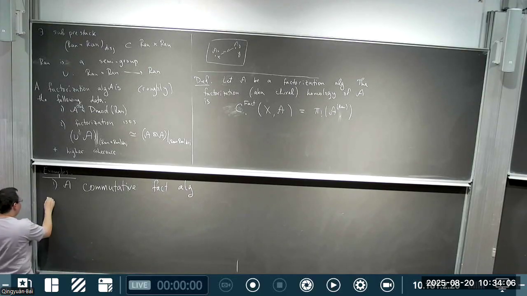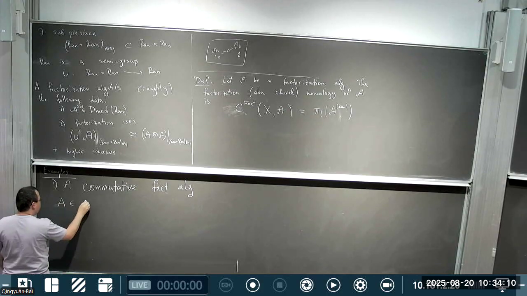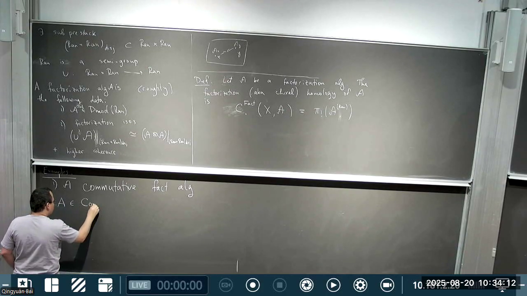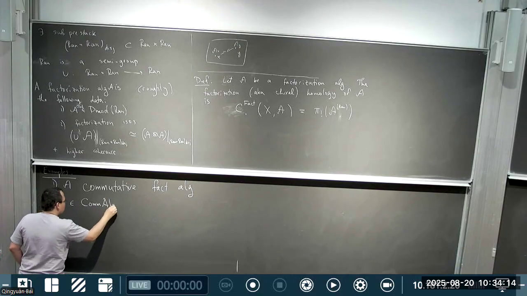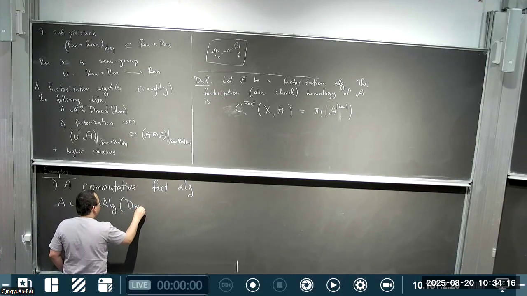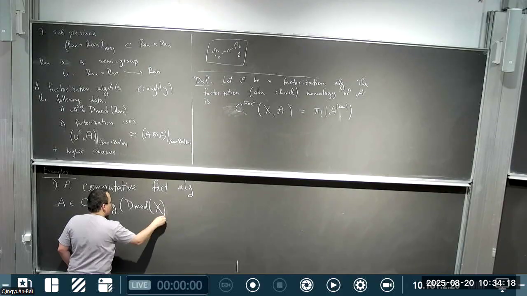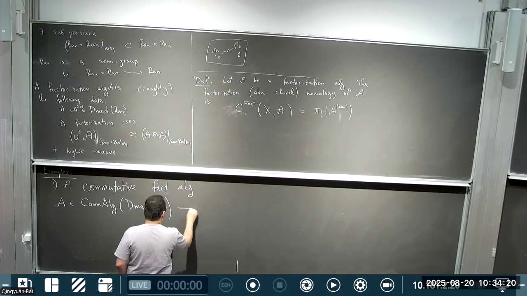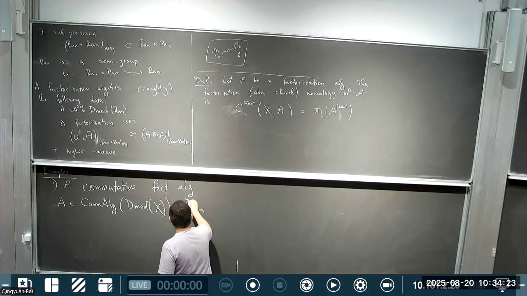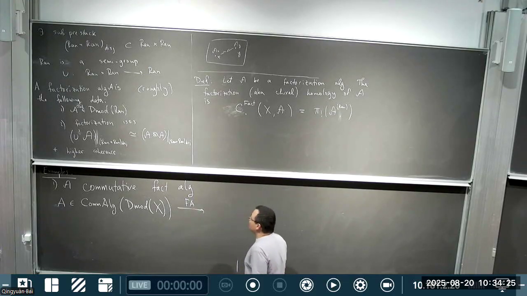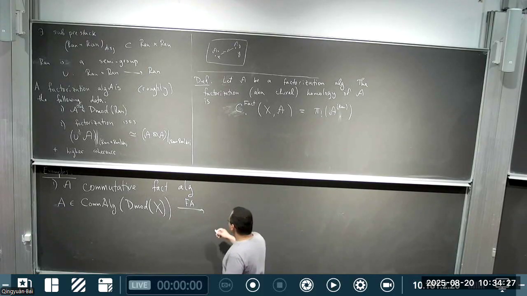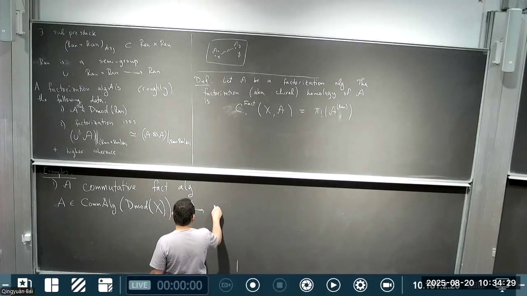Kevin explained that if I have just a commutative algebra in D modules on X, there's a functor, which was given a name, FA for factorization algebra, that produces a factorization algebra.